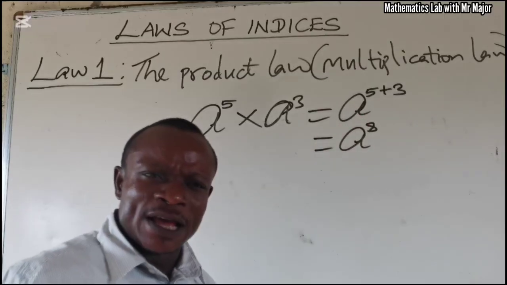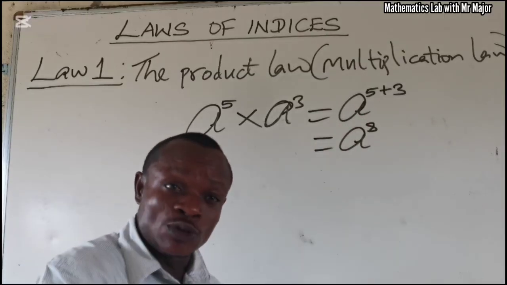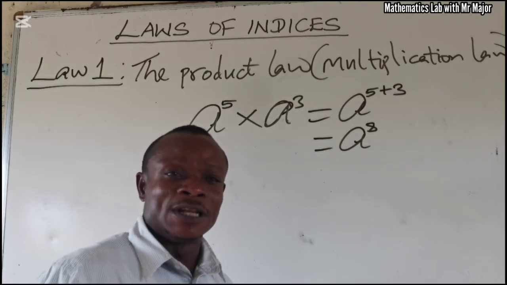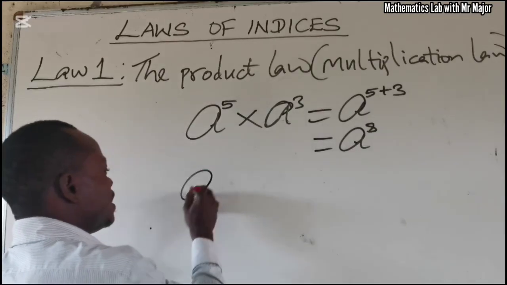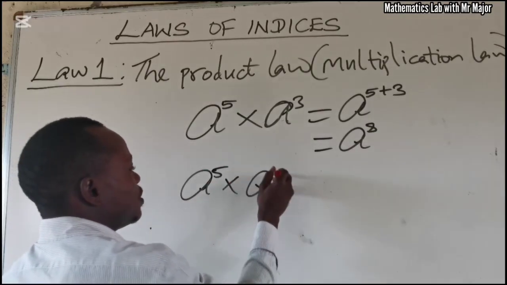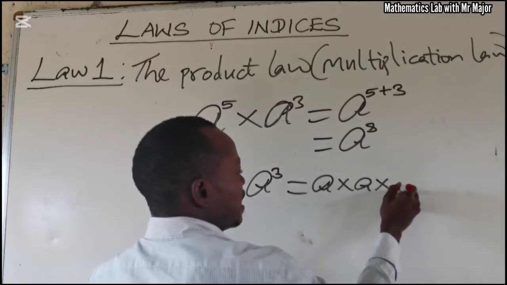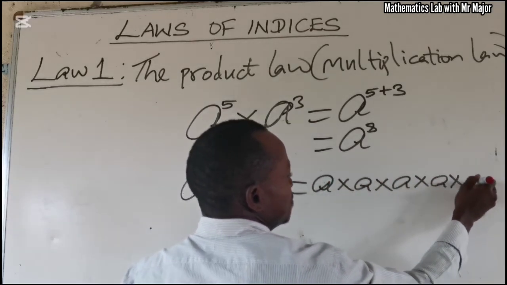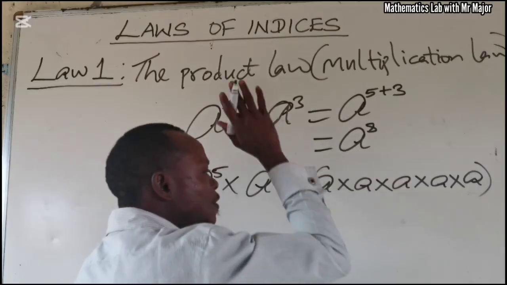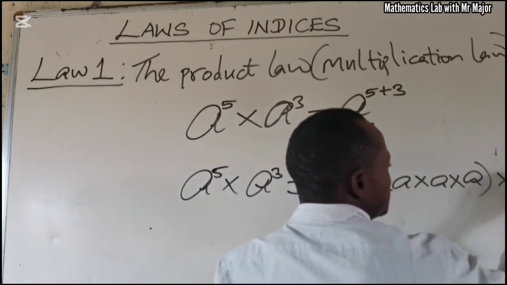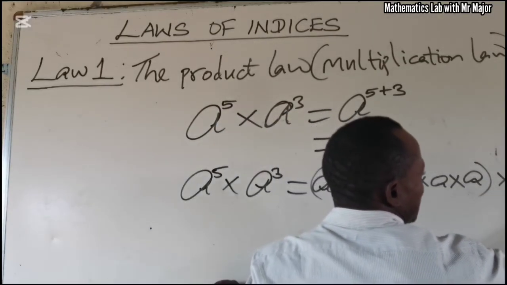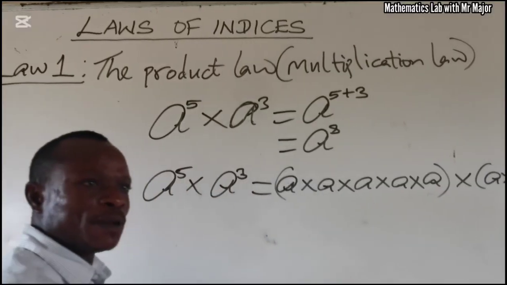I would like to explain this law with what most of you are probably used to. Usually, if you have A raised to power 5 times A raised to power 3, you know A raised to power 5 means A times A times A times A times A. This is A into 5 places. Then times A times A times A into 3 places.